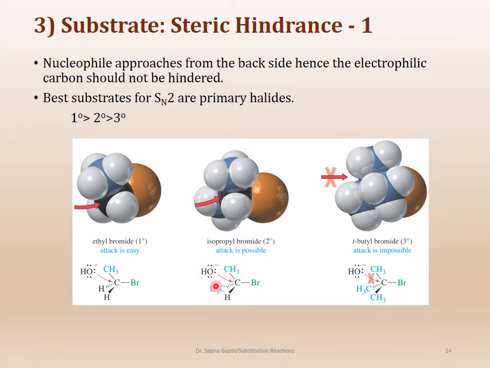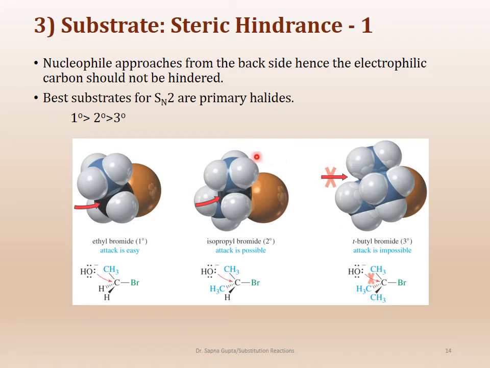It's getting a little bit harder, but hydroxide is a small base, so it can access. And then we get to T-butyl bromide, which is a tertiary bromide. So you have three methyl groups attached to the carbon, which has the leaving group. And now this is too crowded. So the hydroxide now cannot really approach the carbon, which means that this reaction is not going to happen.